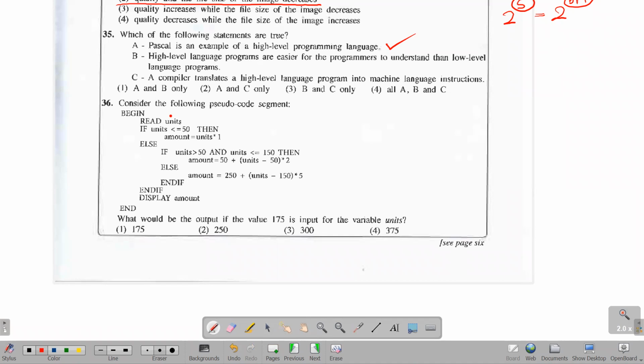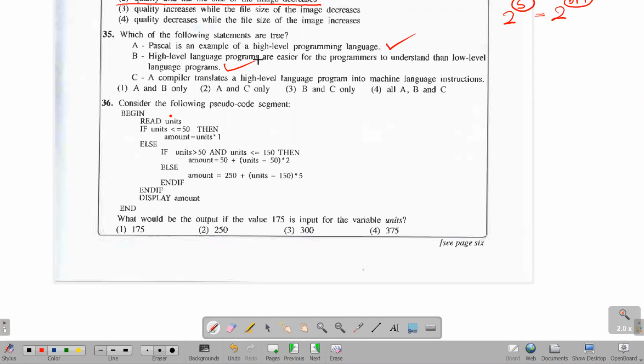Yes, that is correct, because high-level languages are in a human-readable format. Low-level programs are more in a machine-readable format. So high-level languages are comparatively easy.